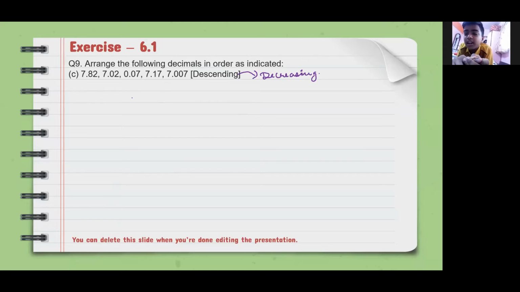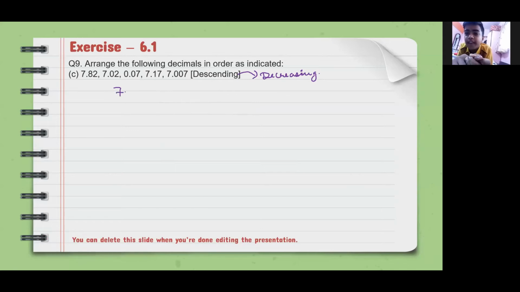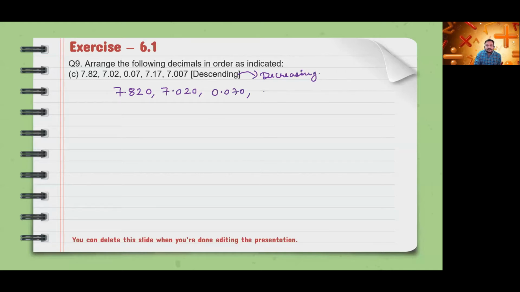Sir, they are unlike decimals, so we will make them like decimals. So 7.820, 7.020, 0.070, 7.170, and 7.007.